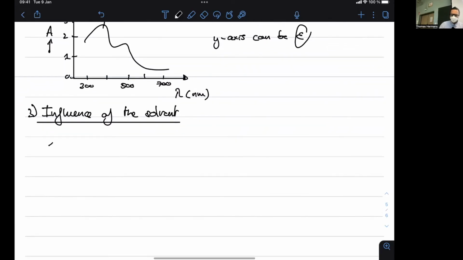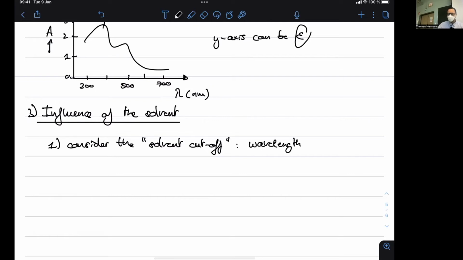So you have to consider the solvent cutoff. What is that? It's the wavelength below which all light is absorbed by the solvent.